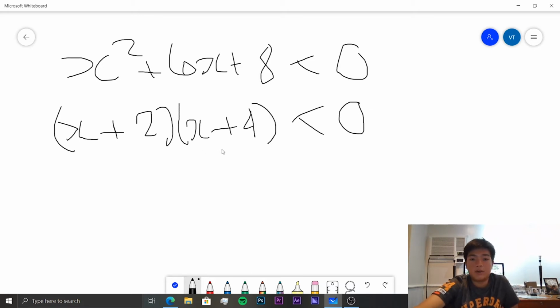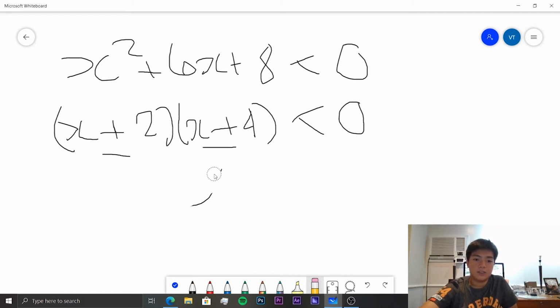We know that for this to be less than 0, one of these has to be negative. Since x plus 4 is always greater than x plus 2, it's the values for which x plus 4 is positive, but x plus 2 is still negative.